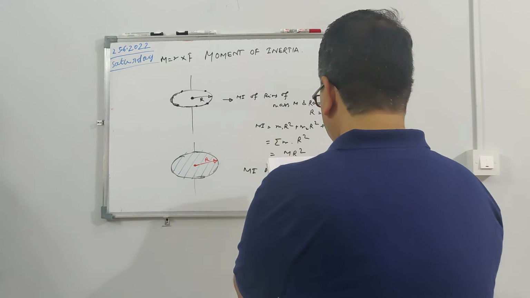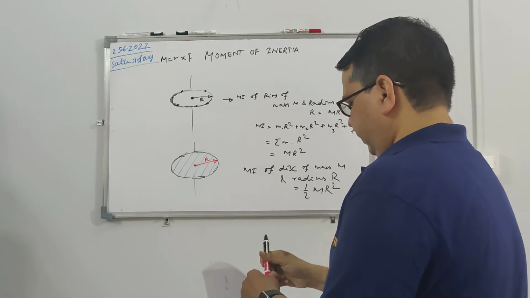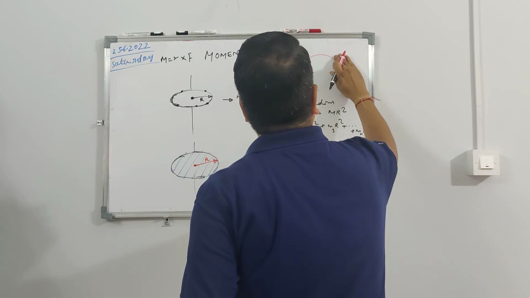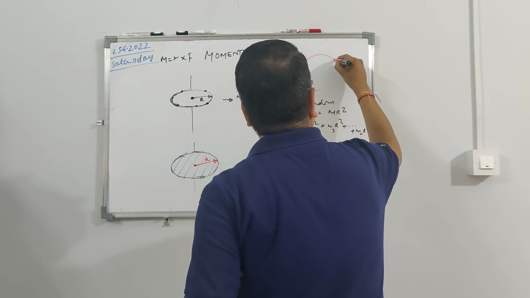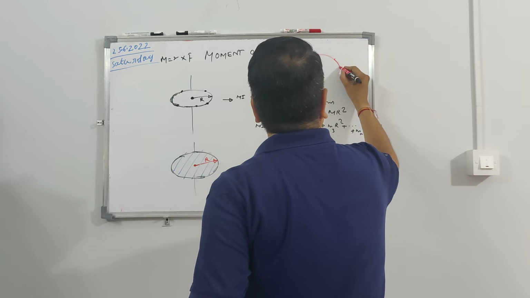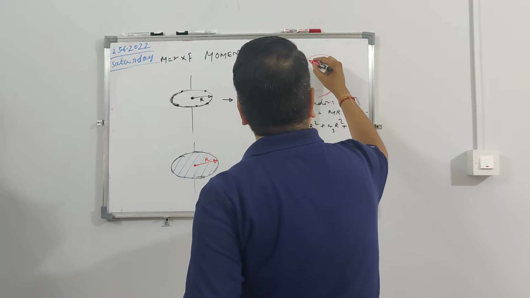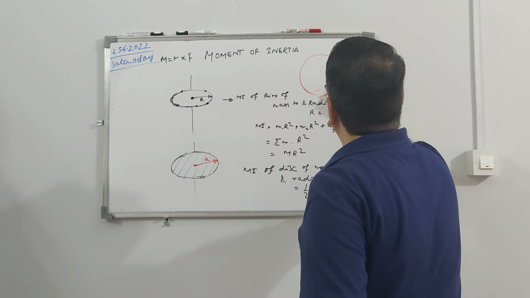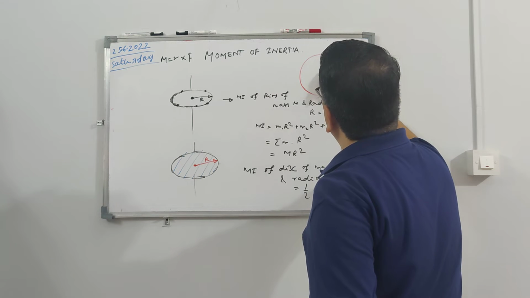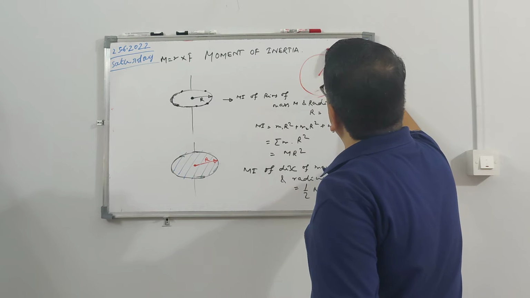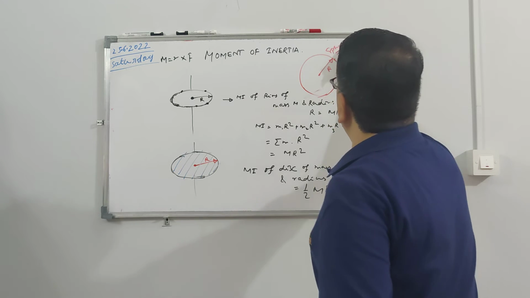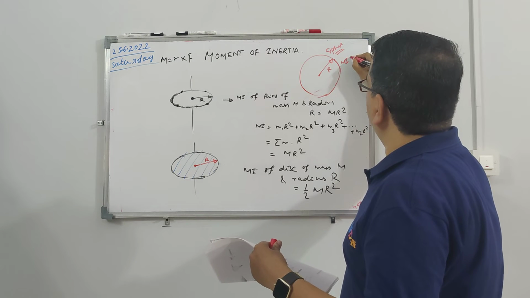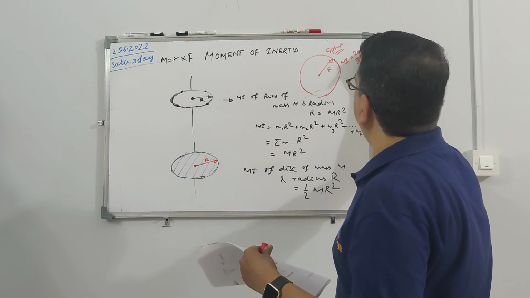Suppose you have a solid sphere. Just imagine that it's not a circle, it's a sphere, 3D. If it is a sphere of radius r, you just have to remember this value: moment of inertia is equal to 2 by 5 mr square.